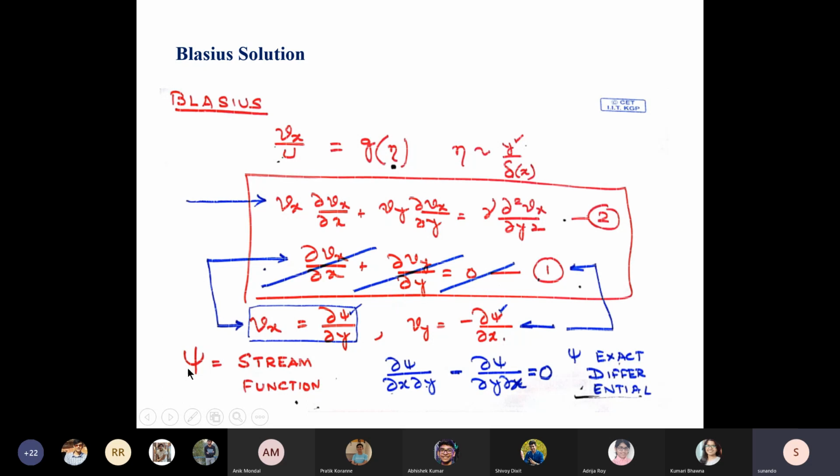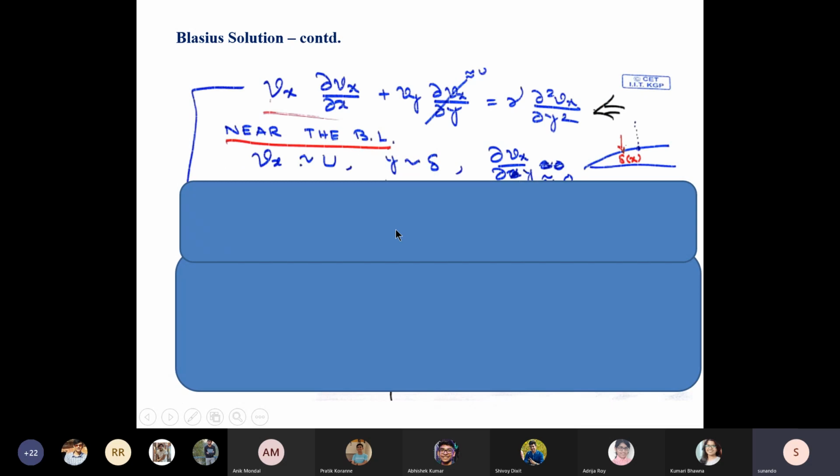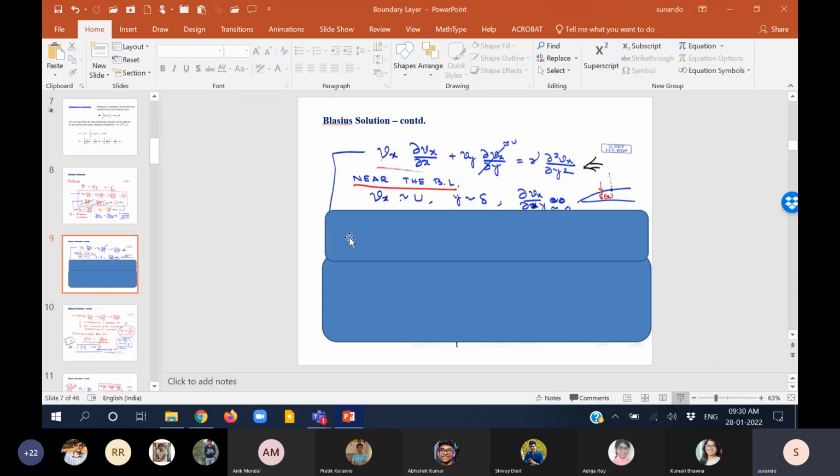So introducing a stream function enables us to get rid of one equation. That means we have one less equation to solve, and all the velocities are to be converted not as Vx or Vy, but in terms of the stream function, and then we can solve equation number two.